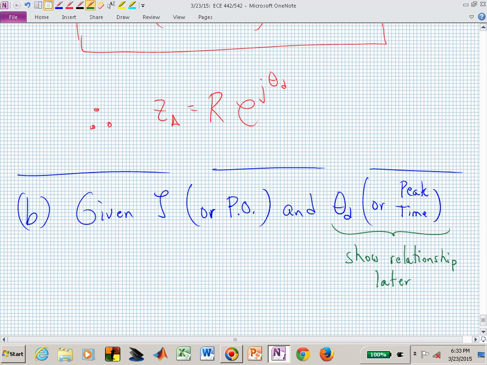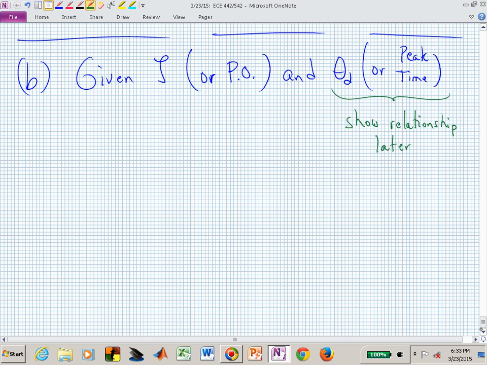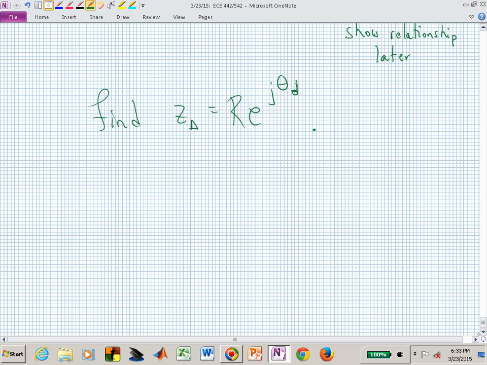Given the percent overshoot and peak time, we want to find z delta, which is r e to the j theta sub d. We're given theta sub d. Now we have to figure out the radius from zeta and theta sub d. If somebody gives us percent overshoot and peak time, they haven't given us exactly what we need to find our dominant poles. But we still know this parameterized form for theta sub d.